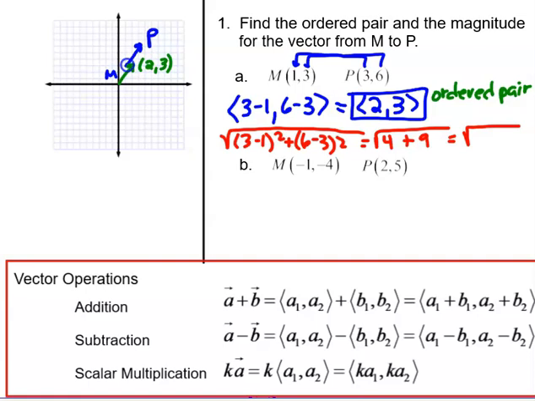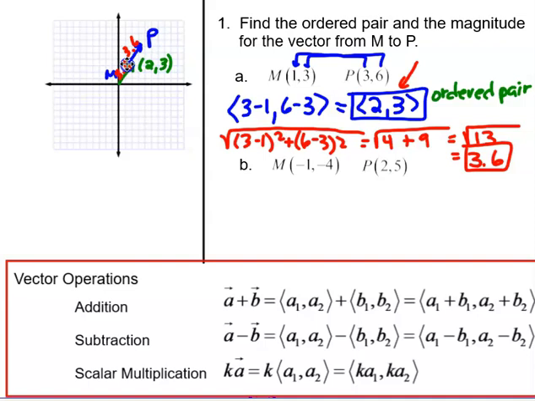And I end up with the square root of 13, which is 3.6. So both of these, of course, have a magnitude of 3.6, whether you're at the first point or the second point. And we're also going to talk about, just in a few minutes here, if we're just given the ordered pair, how we can find the magnitude as well.